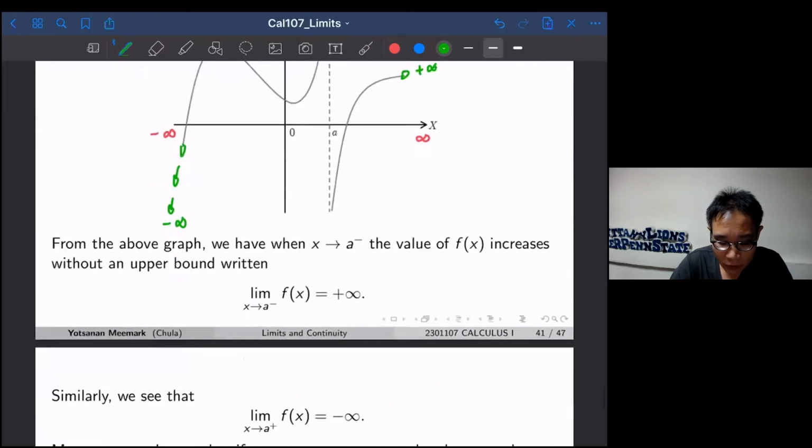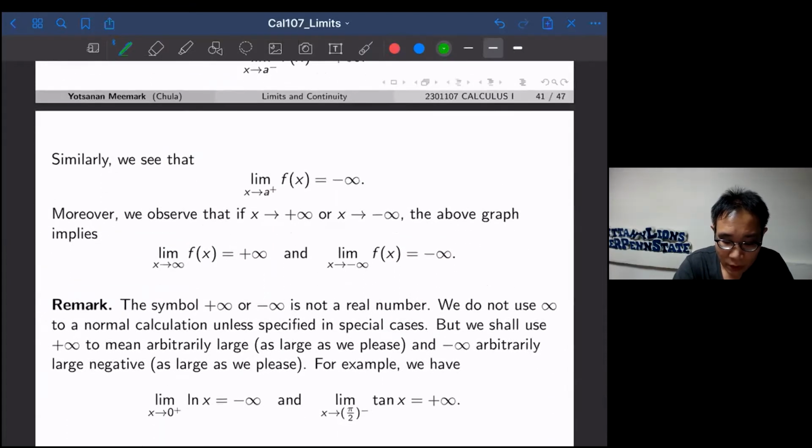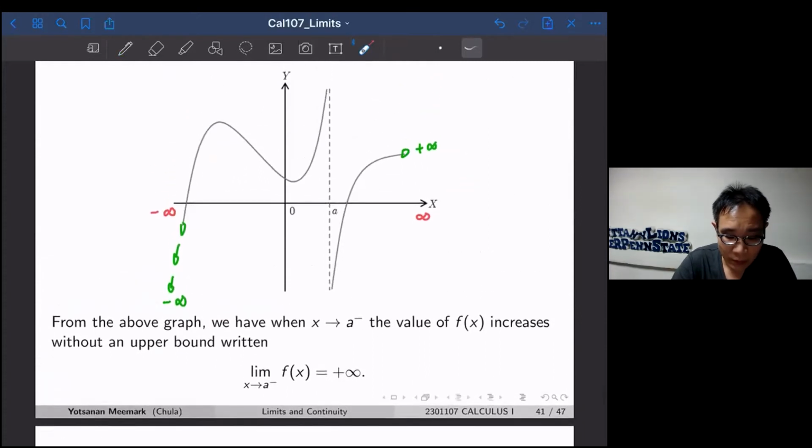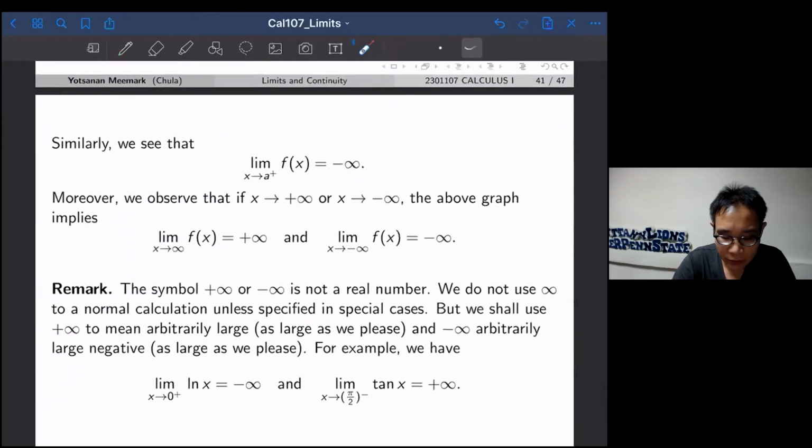So we are able to use the notation limit x goes to infinity of f(x) equals positive infinity and limit x goes to negative infinity of f(x) equals negative infinity. This is from the graph, and how to describe it is with these two notations.